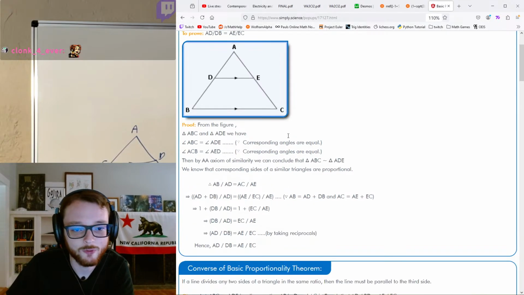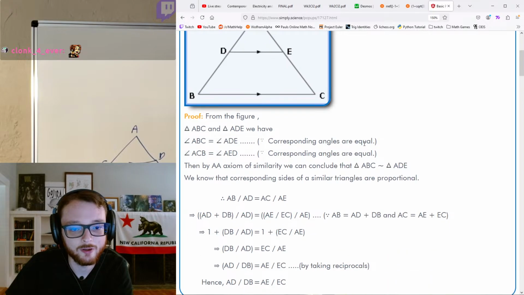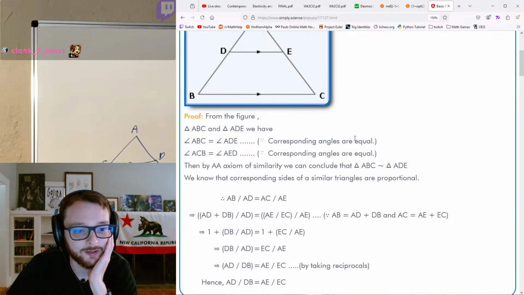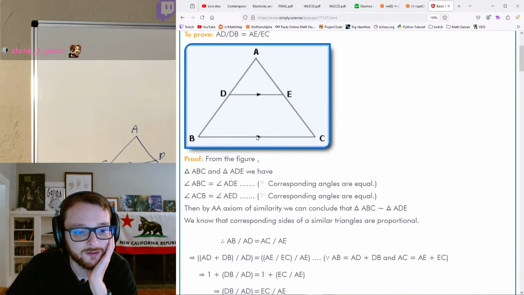So I'm just gonna read through this proof with you, I think, because I don't know how to do this offhand, but the angle ABC is equal to angle ADE because it's a parallel transversal.